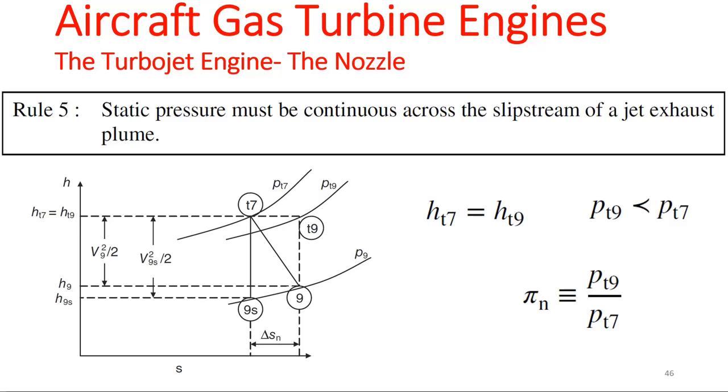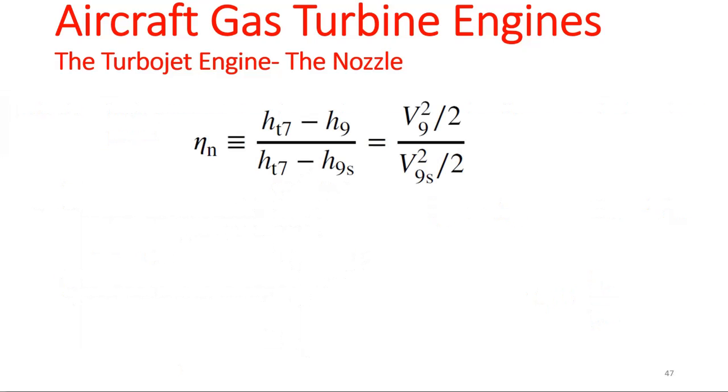How do we define the efficiency? The actual process over the isentropic process. Just find that ratio and you will be able to find the efficiency.